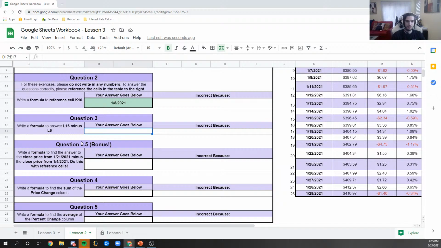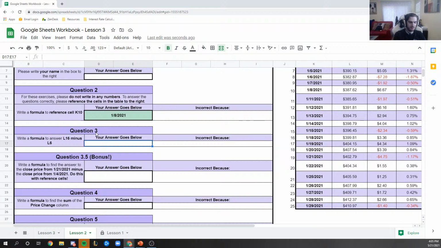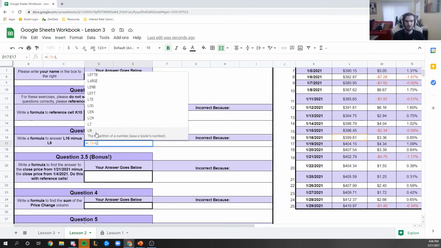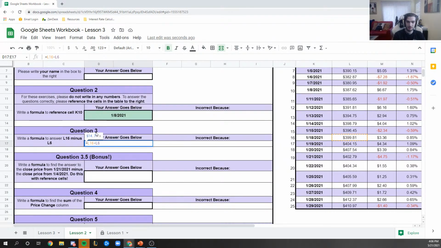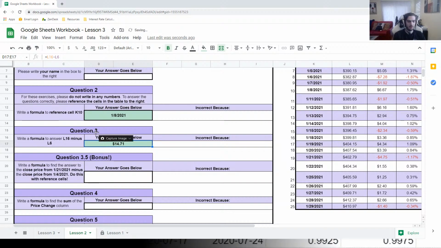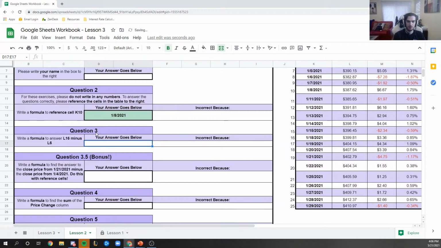Let's just go through here and we'll answer all of the questions really quickly. So question 3, write a formula to answer L16 minus L6. So same thing, formula equals L16 minus L6. You can type it out, or you can go and you can do equals.